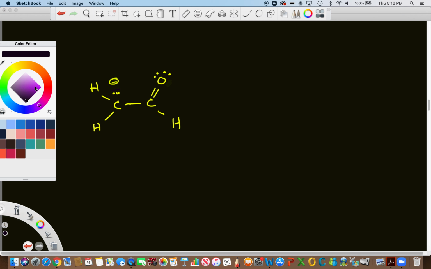So, up, this pair of electrons can form a double bond. But now this carbon here has too many electrons, so the pi bond will take a pair of electrons and transfer them to the oxygen.